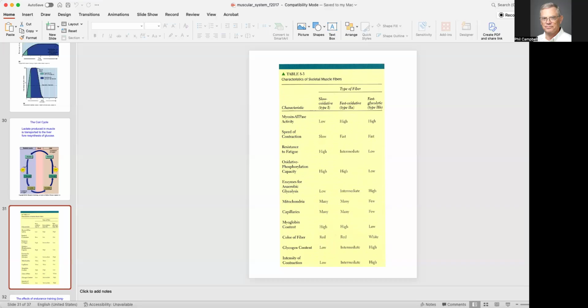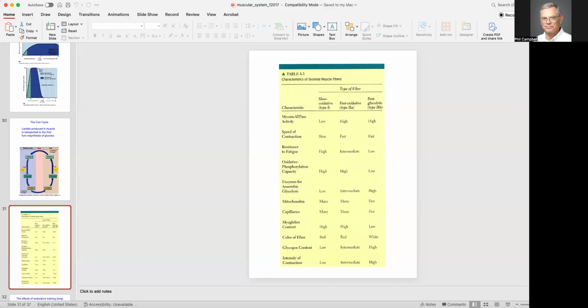We have over here the slow oxidative. This is designed to maximize the use of ATP generated by oxidative phosphorylation. And on the other side, we have the fast glycolytic, which are designed for rapid but limited bursts of activity.